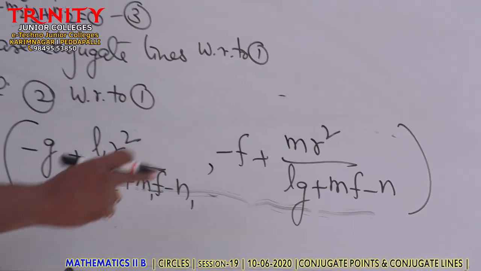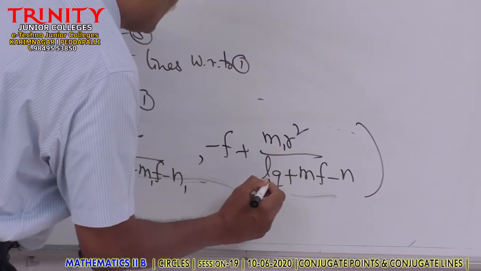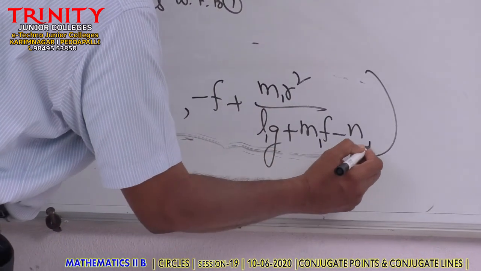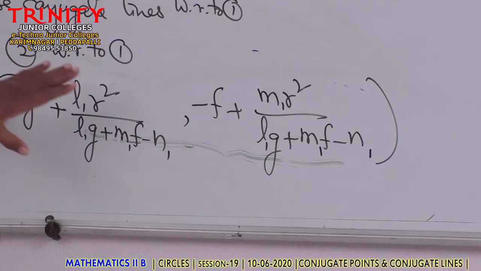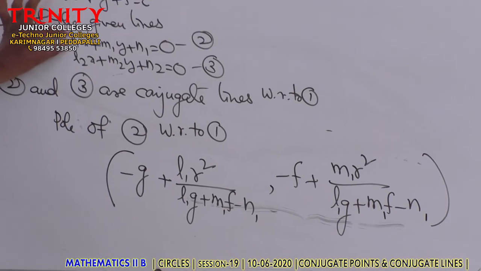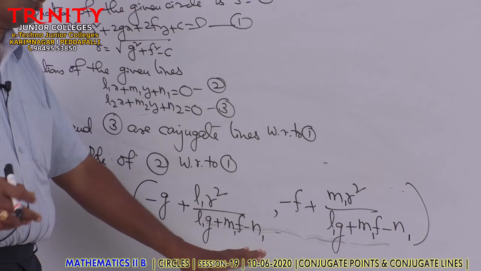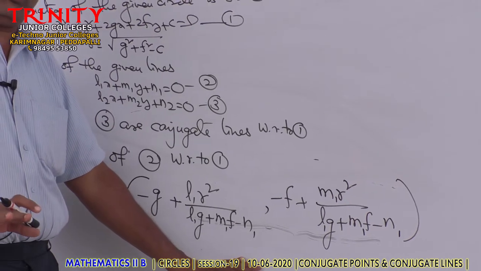Here, with respect to this one, so right here L1, M1, N1, it is the pole of this line with respect to the given circle. These are the coordinates of the pole.